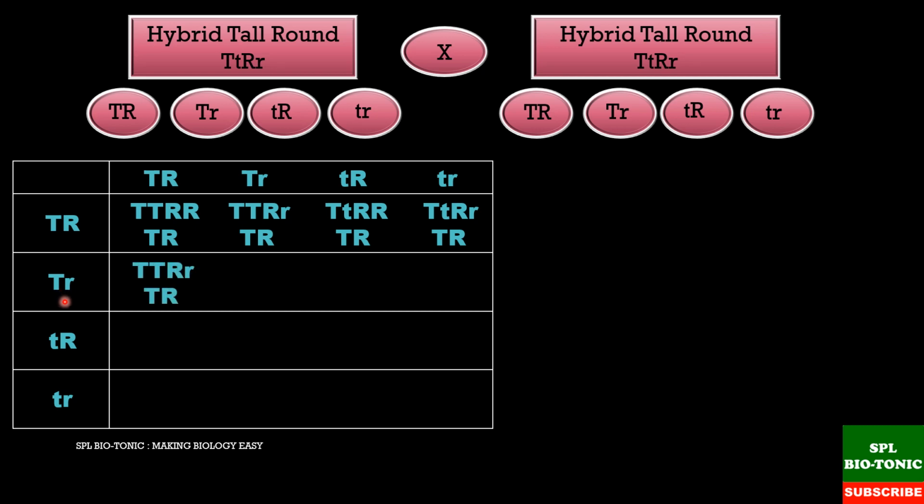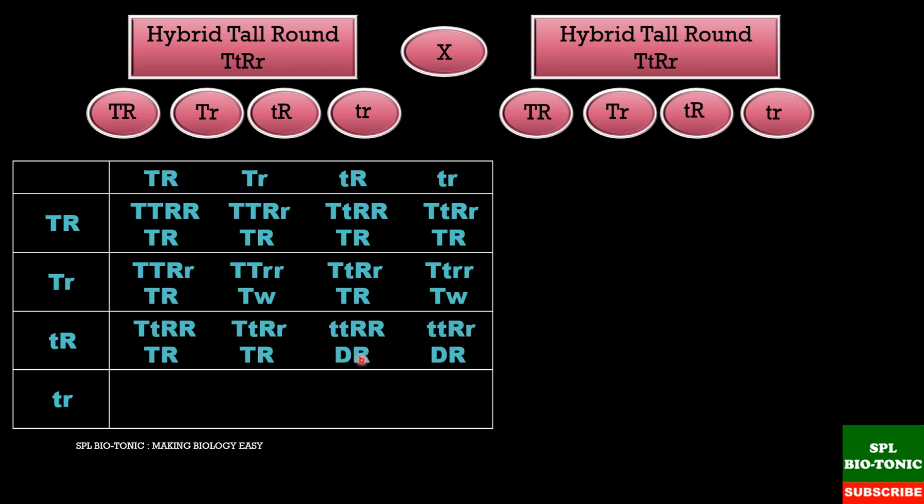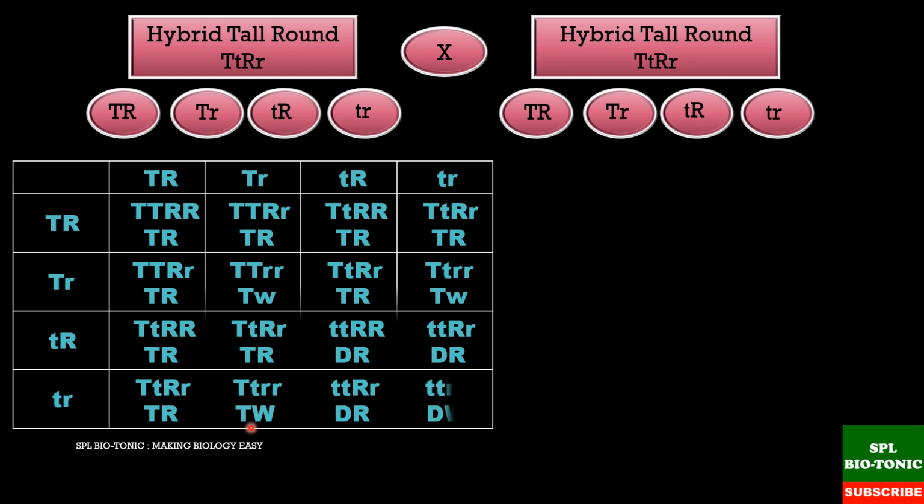The second male gamete will fuse with these 4 female gametes to form these 4 offsprings. Then the third male gamete fuses with these 4 female gametes to form these 4 offsprings, and these are the last 4 offsprings after fertilization.